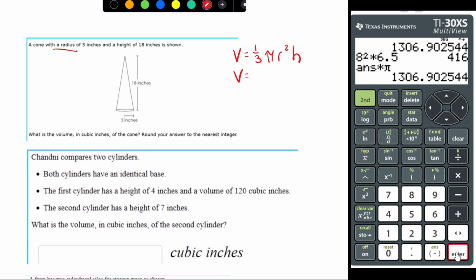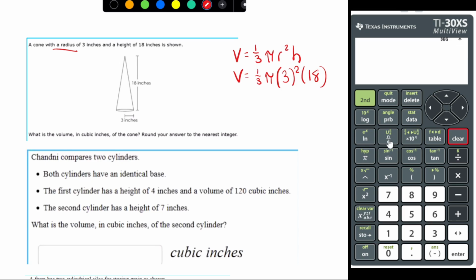So we're still going to plug this in. V equals 1/3 pi times our radius, 3 squared, times our height, 18. So here we go. 1/3 times pi times 3 squared times 18.